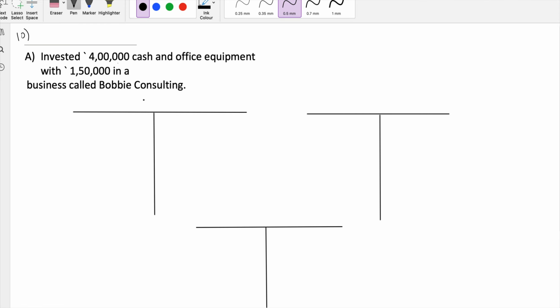So first it is the cash account. Okay, and next will be the office equipment account, and the one more account will be your capital account, right?